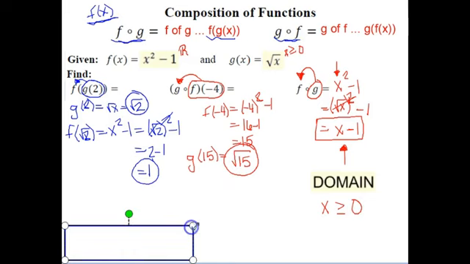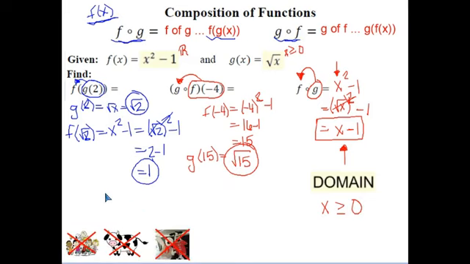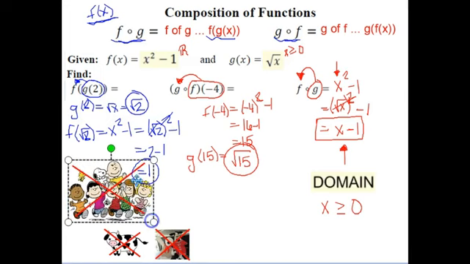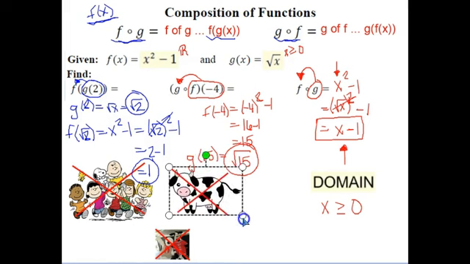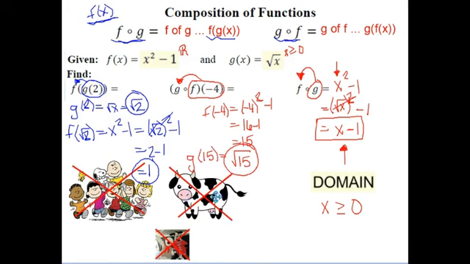Alright, so you can kind of think about it this way. Let's say you're going to a picnic, and you have one friend that's allergic to peanuts, so they can't have peanuts. Maybe that's like the domain from the first part. But then you have a friend also coming to your picnic or party that's lactose intolerant, so you can't have any milk or cheese. So that would be the domain from your second one.